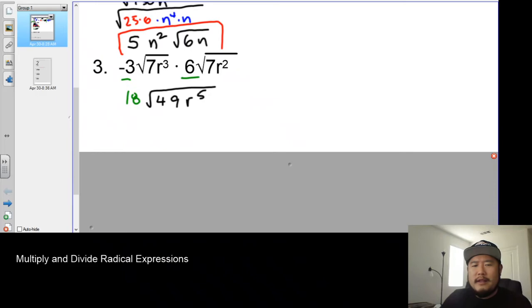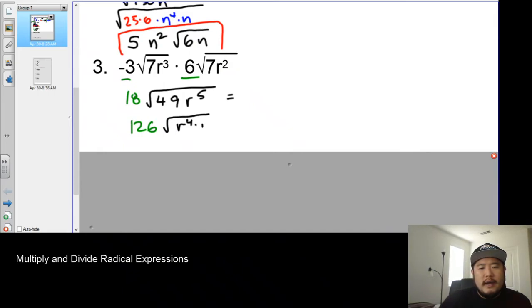So let's simplify things together. We can take the square root of 49, so that works out nicely. That'll be 7. So we'll end up taking 18 times 7, and that'll get us 126. And then remember, with this r to the fifth, I cannot take the square root of r to the fifth.